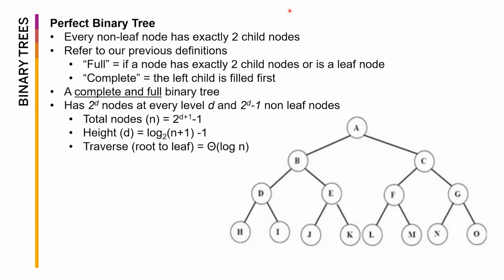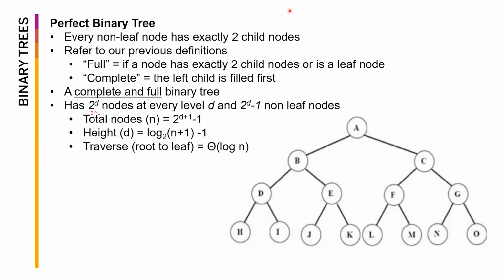Remember earlier, at any level we have 2 raised to d nodes. Earlier it was actually 2 raised to L, but now we changed the naming into D because we defined D as the level. And there are 2 raised to D minus 1 non-leaf nodes.